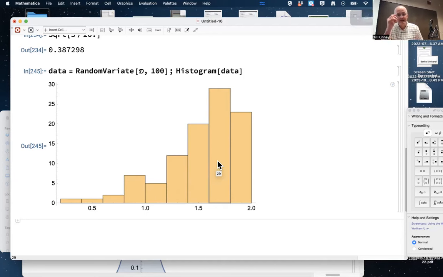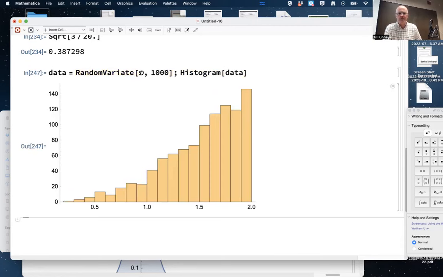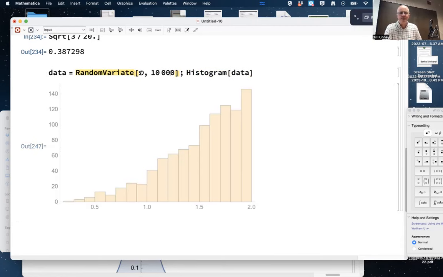Out of 100 data points, 29% are between about 1.6 and 1.8. 29 of 100. The probability of being between 1.6 and 1.8 should be close to 0.29, probably smaller because of this being a high bar compared to what it should be. The bigger the data set, the more accurate the representation of the PDF.